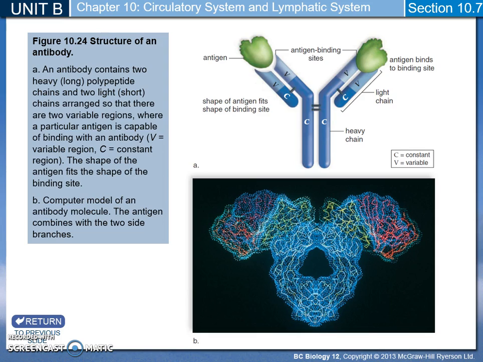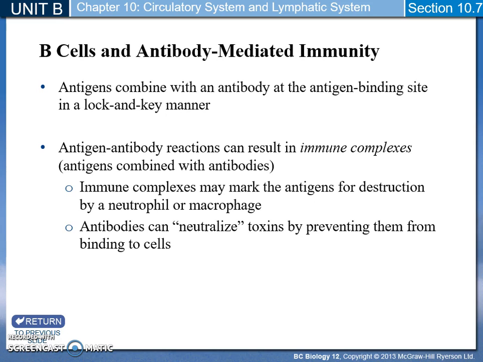So here's a diagram of that, and you can see here that we have the heavy chain and the light chain, and each of those has a variable region which accounts for the different amino acid sequence, which will allow it then to bind with a specific antigen. So antigens combine with an antibody at the antigen binding site in a lock and key type of manner. So these are kind of shape dependent.